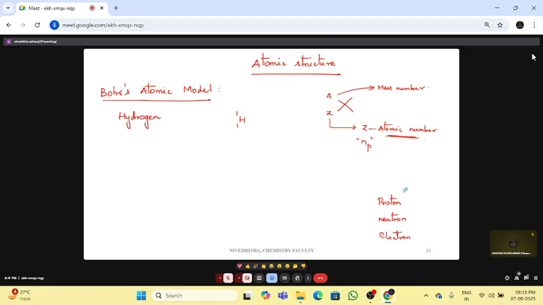Okay. And what is the charge of proton? It is positive. Okay. See, we have three subatomic particles: proton, neutron, and electron.